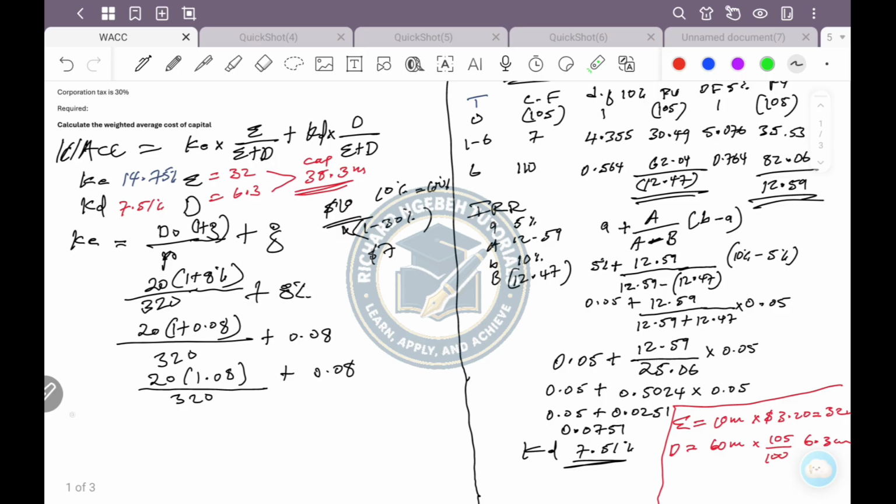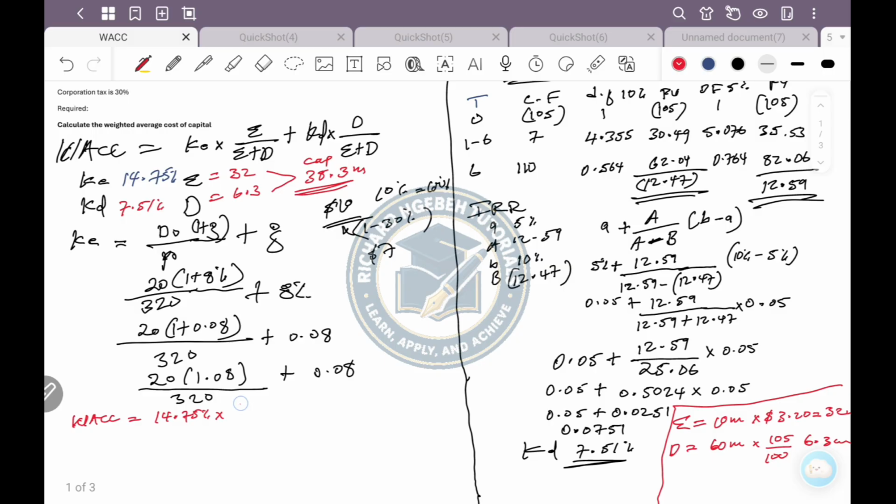So your WACC will now be, what is your KE? 14.75% multiplied by the weight of your equity. What's the weight of your equity?